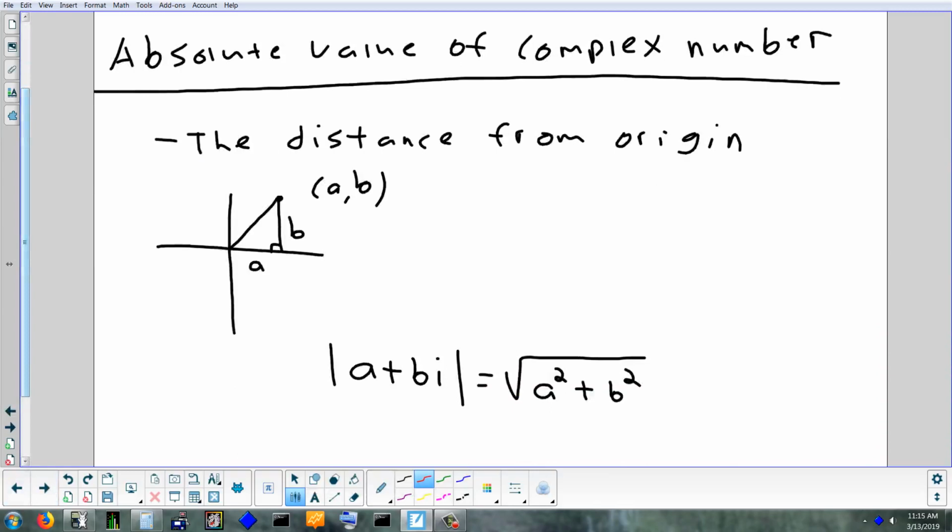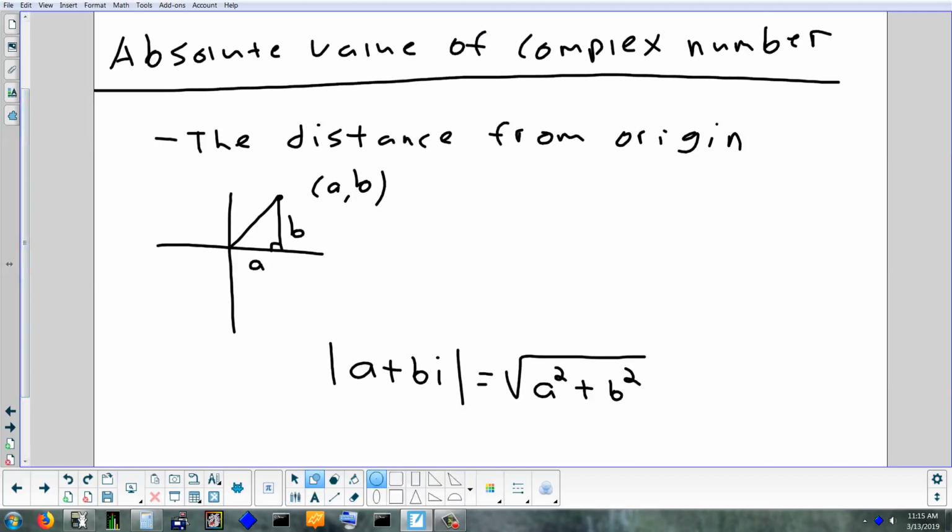Just like you would with regular numbers. It's the distance from 0. Or in this case, it's the distance from the origin. Now, this is also going to be important. When you start writing complex numbers in trig form, this is one of the calculations you have to do. In fact, this calculation is going to have something to do with something like this.